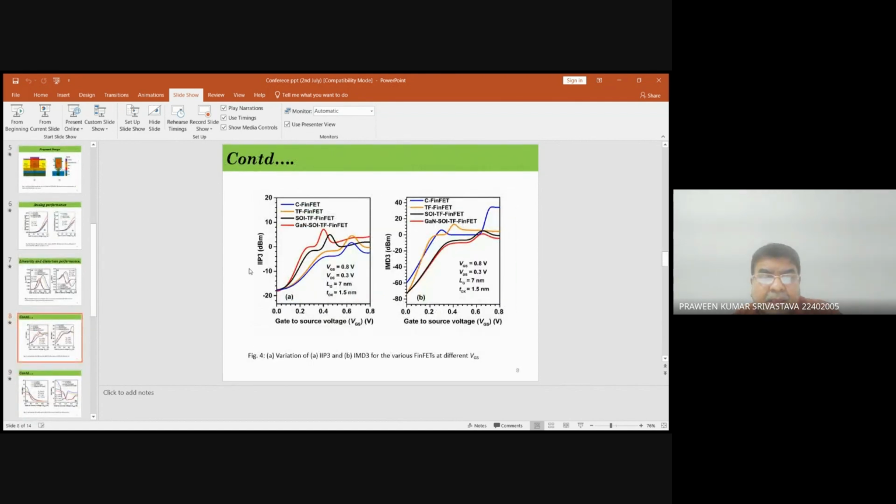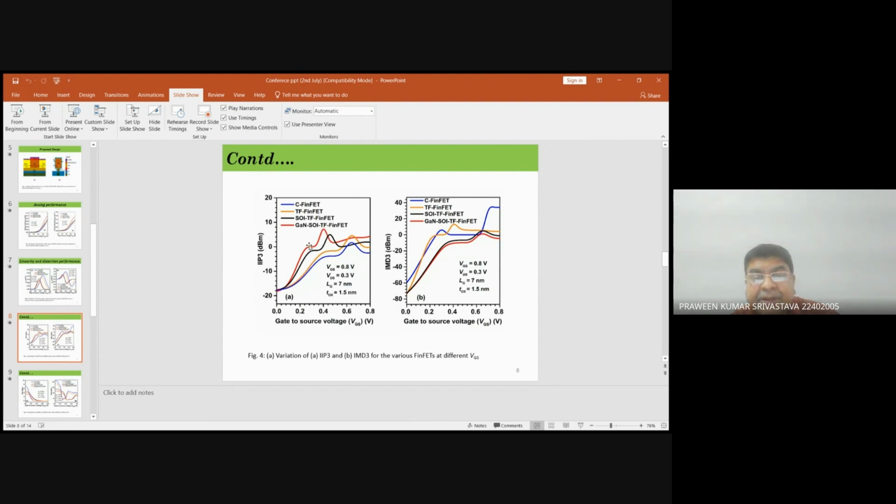Even for the transmitter and the receiver, for better linearity, the intercept point should be high. The intercept point is the point at which the input power and output power are equal. So if it is high, it gives a better linearity result.